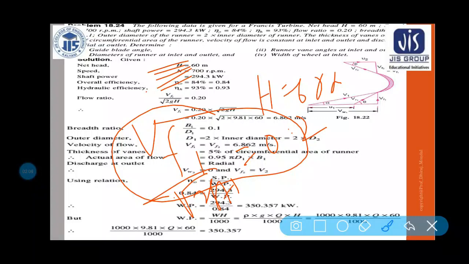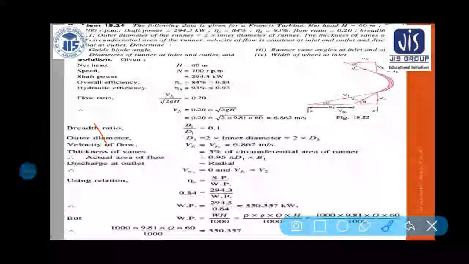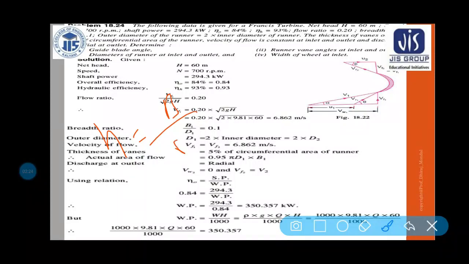Breadth ratio means B1 by D1. Breadth ratio, you know, is B by D, and it is equal to 0.1.